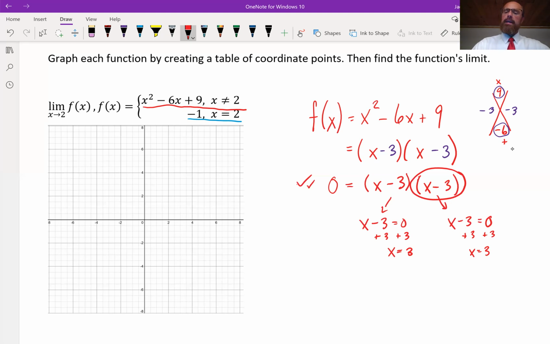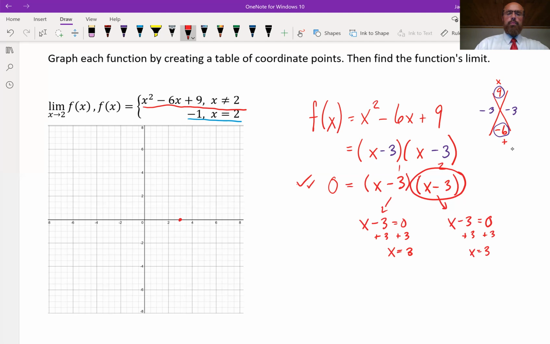So since I've got x minus 3 two times in the factored form for f of x, on the graph, when I find it 0 at 3, I know the polynomial is going to descend, hit the x-axis, and then bounce back up. So if I think in terms of a parabola, this is its vertex.